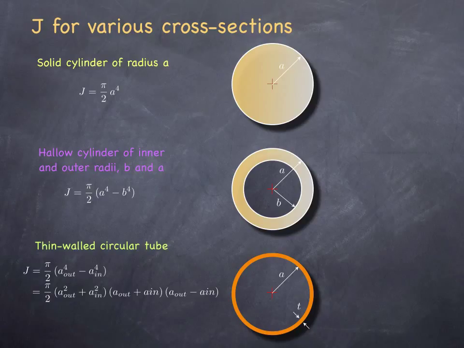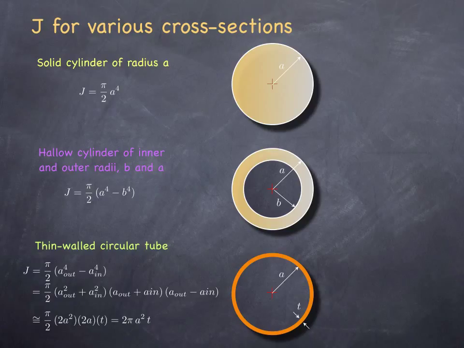Now if we're looking at a thin cylinder, we know that a out is almost equal to a, and we can just call it simply a. So the first expression inside the parentheses will become 2a squared, the second one will be 2a, and their difference will be merely t. So then the whole expression can be approximated as 2 pi a cubed times t.